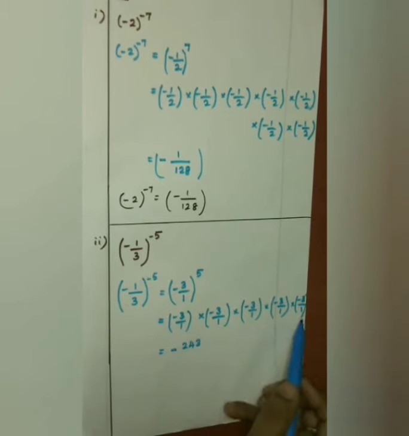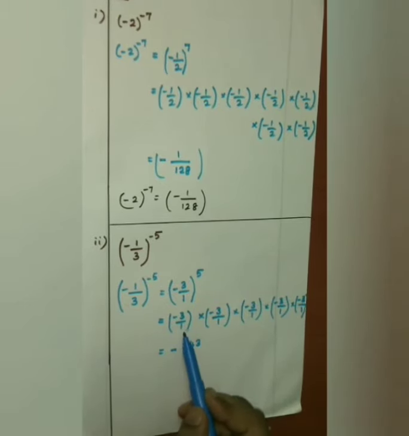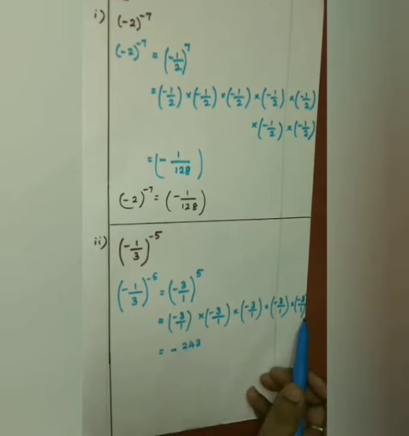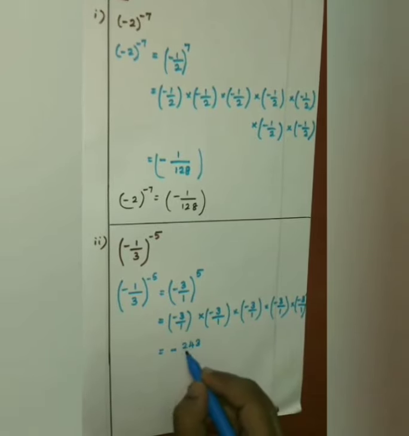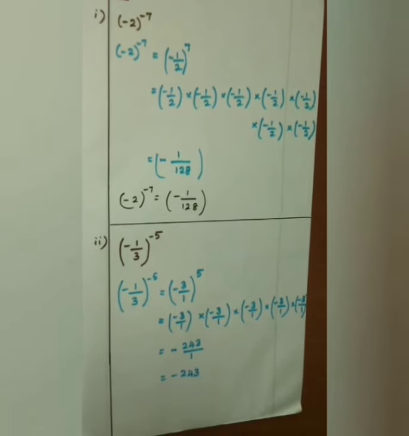Multiply all the denominators. But we have only 1 in all the denominators. So 1 when multiplied 5 times, we get 1 again. So minus 243 by 1 is equal to minus 243. Answer: (-1/3)^-5 equals minus 243.